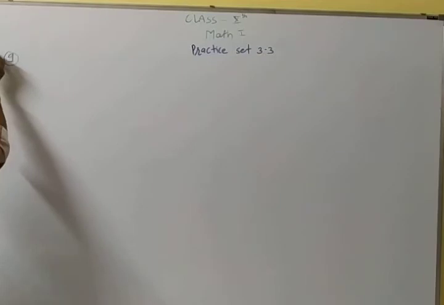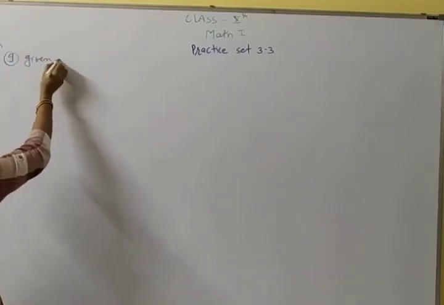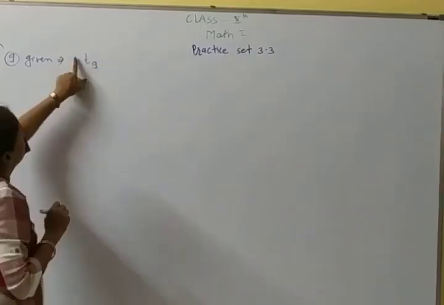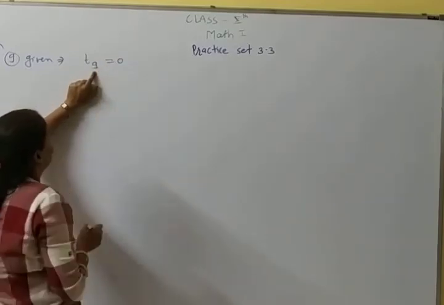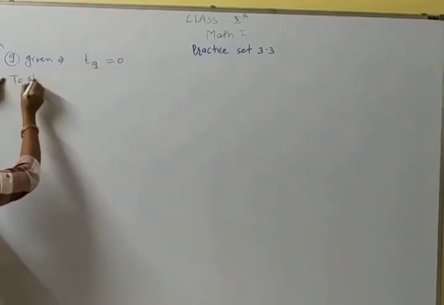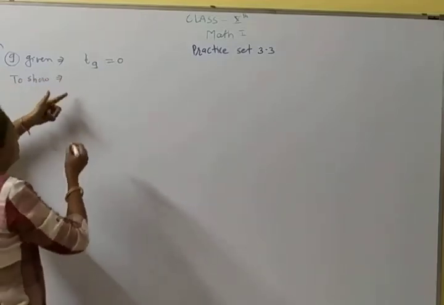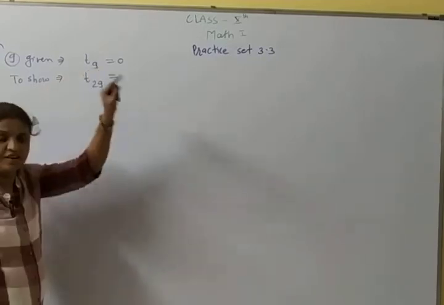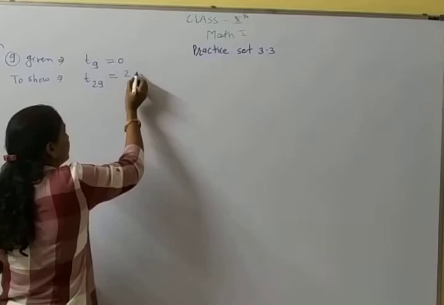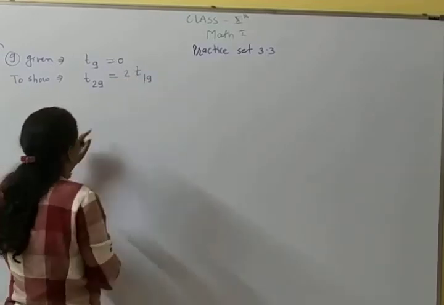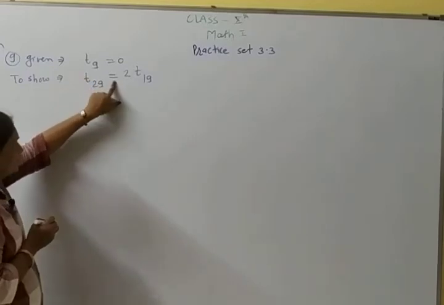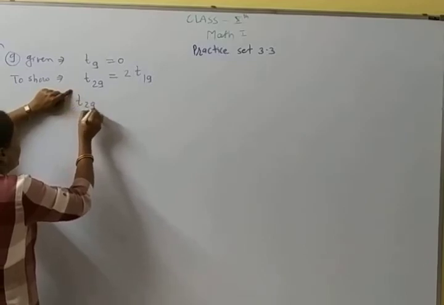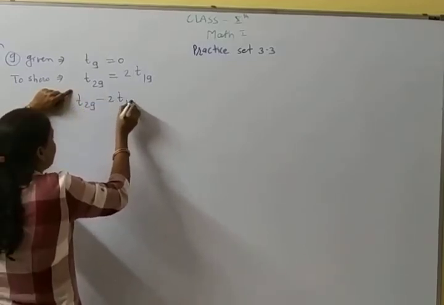Solution number 9. Given is that the 9th term is 0, so T9 equal to 0, this is given. To show the 29th term, T29, is twice the 19th term, T19, so write down here T29 minus 2T19 equal to 0.